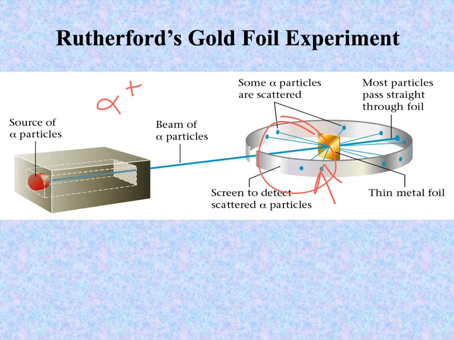That is correct, okay? And so if the alpha particles have a positive charge, what do you know about charges? If these particles here are being deflected back, then that means that most likely not only do we have a very small dense center, but it's also most likely going to be positively charged, because like charges repel.